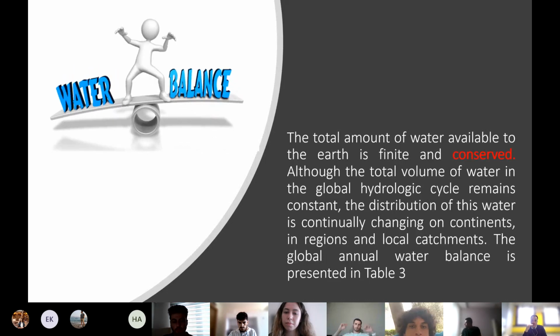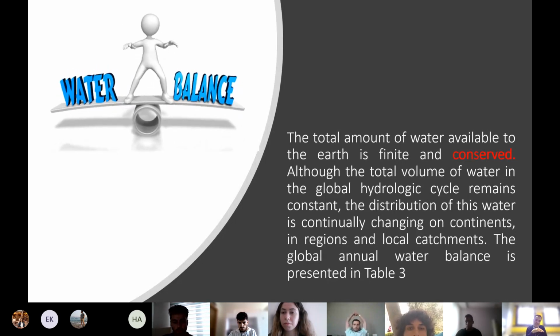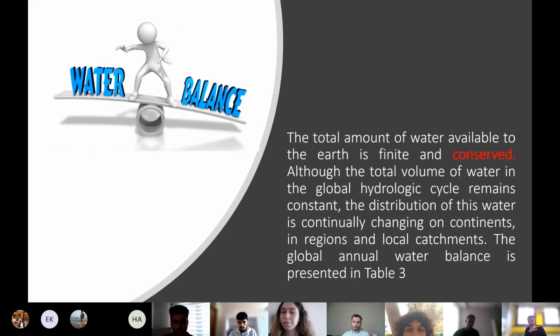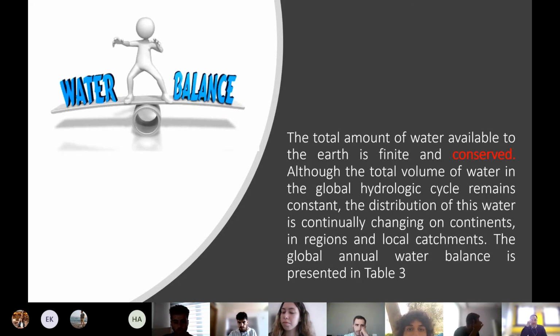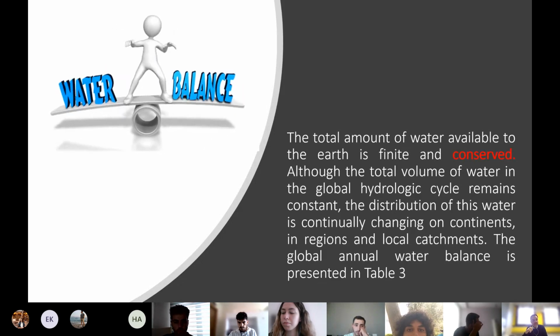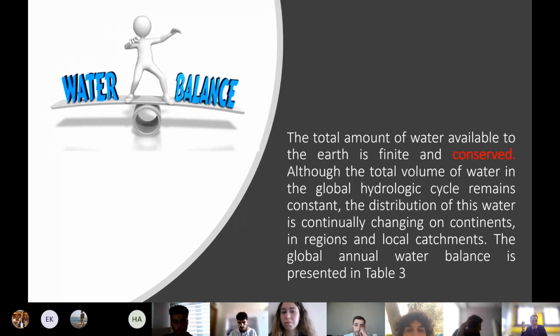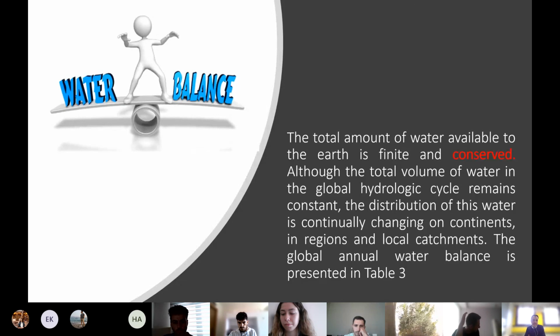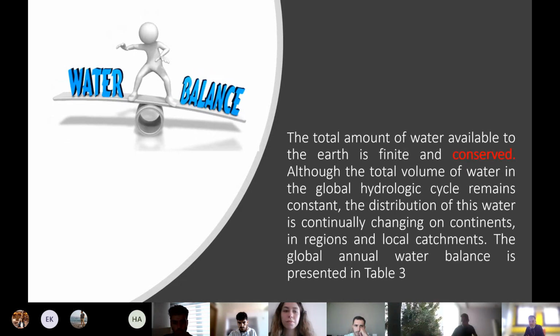For example, at the atmosphere 8 days, at rivers 6 months, at groundwater several years, at the oceans hundreds of years, but finally it leaves that body and enters another component of the water balance, or water cycle, or hydrological cycle.